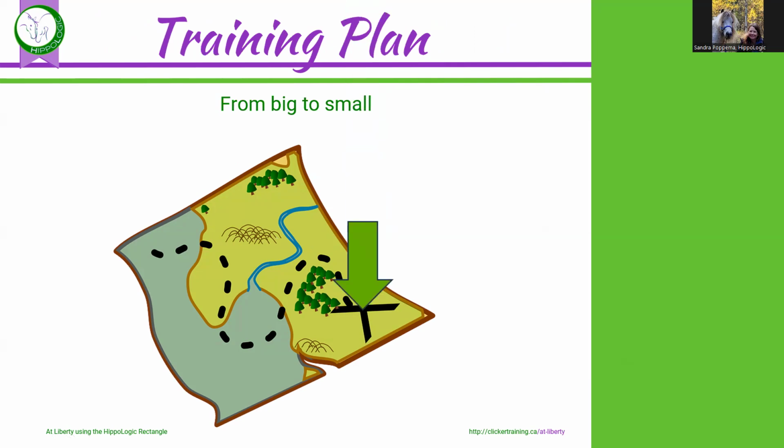So maybe you start with the idea. Let's take the example of Ingrid. She wants to do a performance, a show with her horse, and so that's the big plan. And then the smaller elements is the questions like, how long do you want that performance to be?